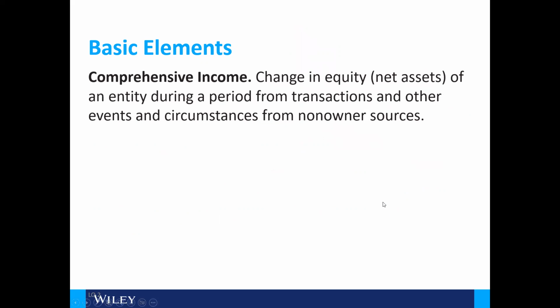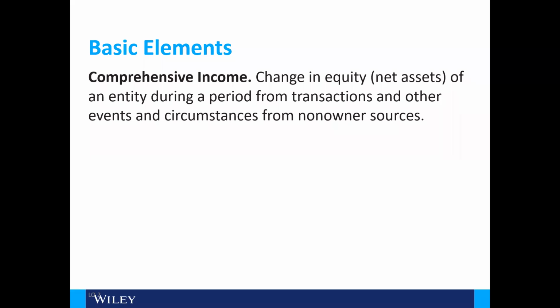Comprehensive income. This is something new that we'll talk about more when we get probably to the next unit. But sometimes there are changes in equity or net assets that happen as a result of what's on the income statement. We have revenues and expenses. Of course, you're familiar with that. That's net income.